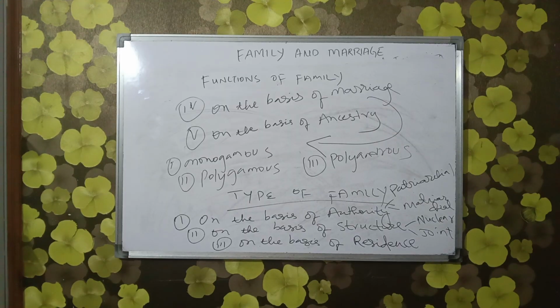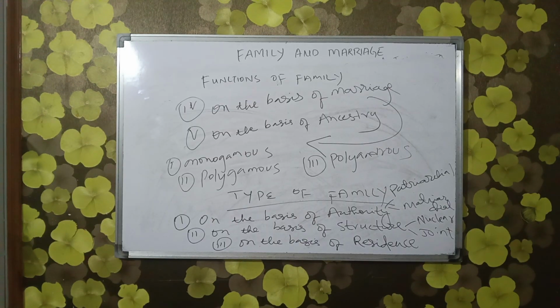The first one is monogamous. Monogamous is one man marrying one woman. And polygamous. Polygamous is one man marrying more than two women. So here the man marries more than two women.